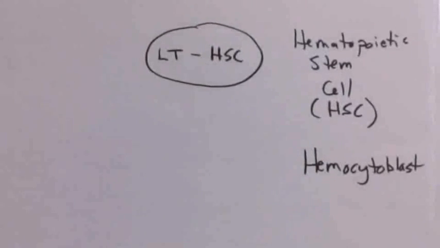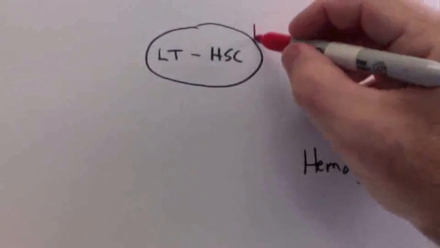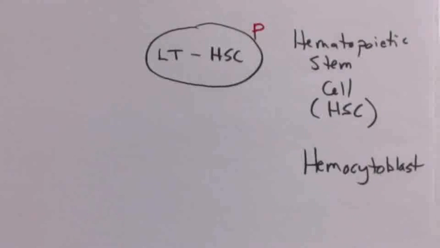Now, the reason this is called long-term is that this is a cell that exists very early in development, and it is pluripotent. Stop and think about what that means. It means that it can form any cell in the body, anything that's not the placenta, for example. So this is obviously a very potent cell.